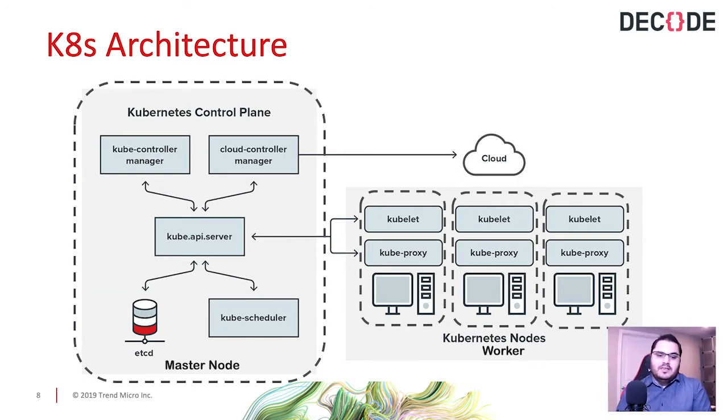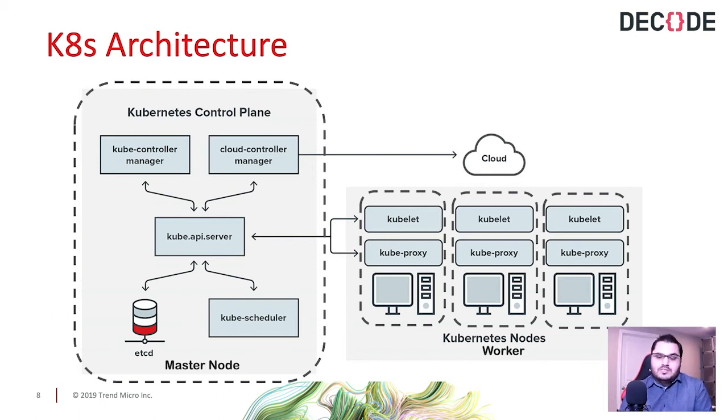And lastly, we have the container runtime, which is the engine that creates and executes the containers requested by the kubelet, right? By default, the container runtime for Kubernetes is Docker, but you could use other container runtime engines such as Containerd or CRI-O.